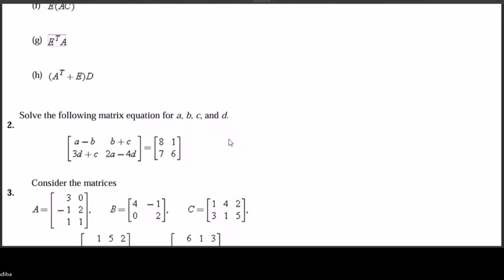Are we still together right there? You said 3D plus 1 minus B equals 7. Yes. And then we had 3D minus B equals 6, and we took 1 to the other side.